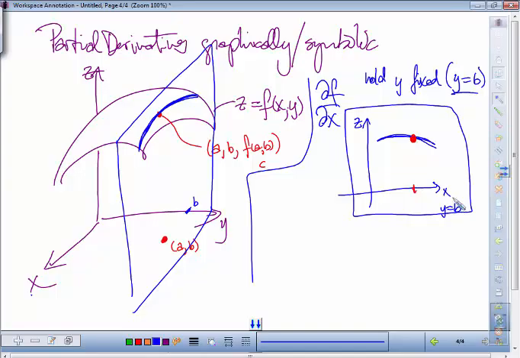But the image that I can get, if I look at it flat directly from the YZ axis, I would get something like this. So I've kind of flattened my view. Instead of looking at this from 3 dimensions, I'm looking at this from 2 dimensions now. And I've flattened my view, but this point that was on the floor is this point here on the floor, so to speak. And this point that was up here on the surface is this point over here on my graph.